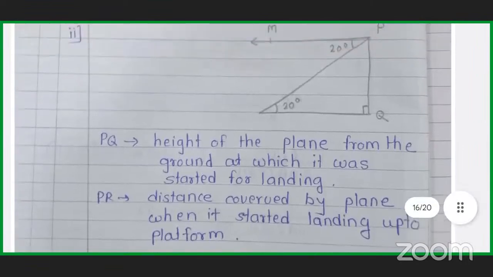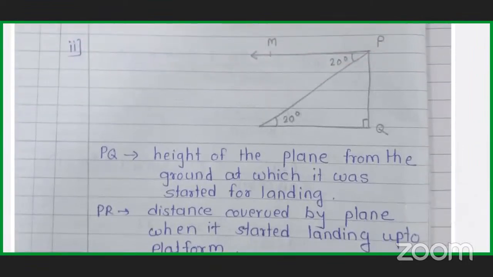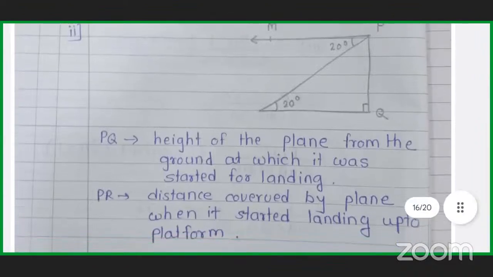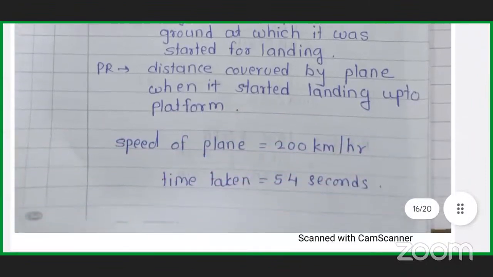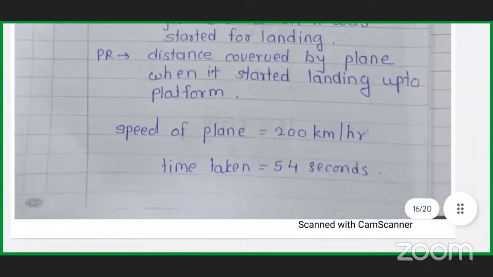And we are given the speed of the plane. What is the speed of the plane? 200 km/h. And it reached the ground after 54 seconds. Here, time is in seconds and speed is given in km/h. So the units are mismatched. So we have to convert the time taken, 54 seconds, into hours.